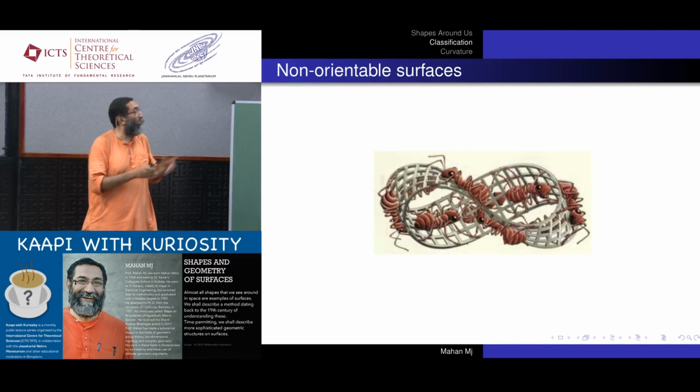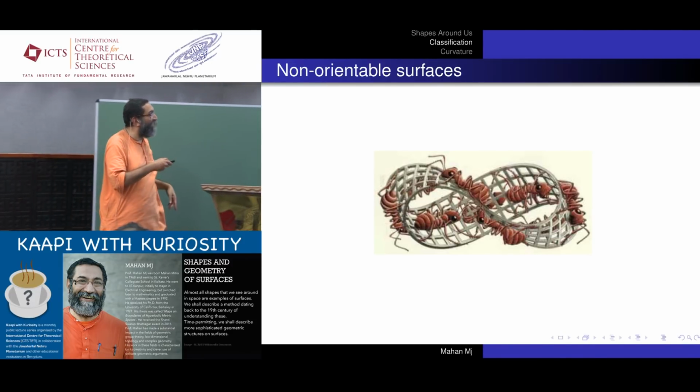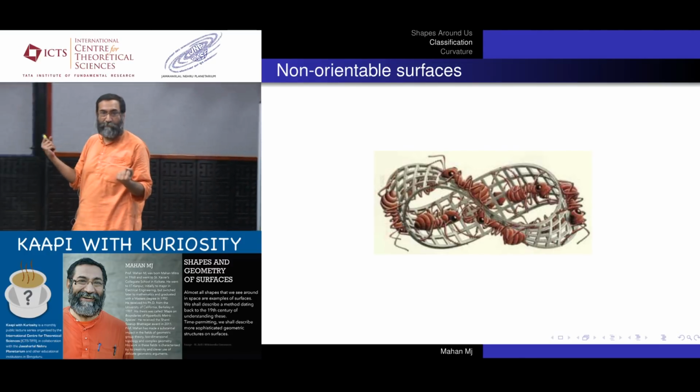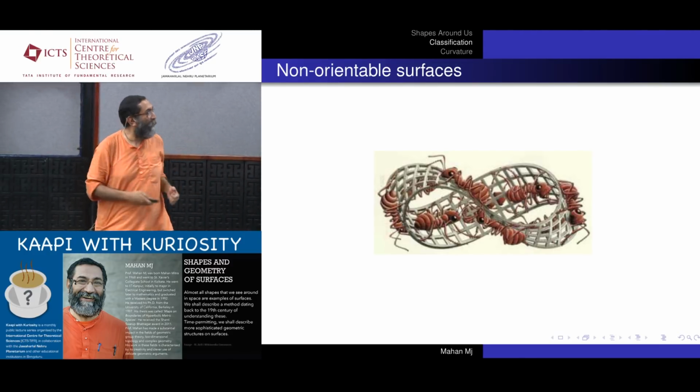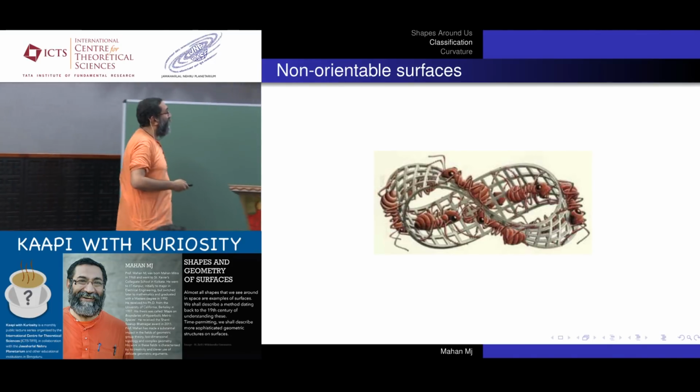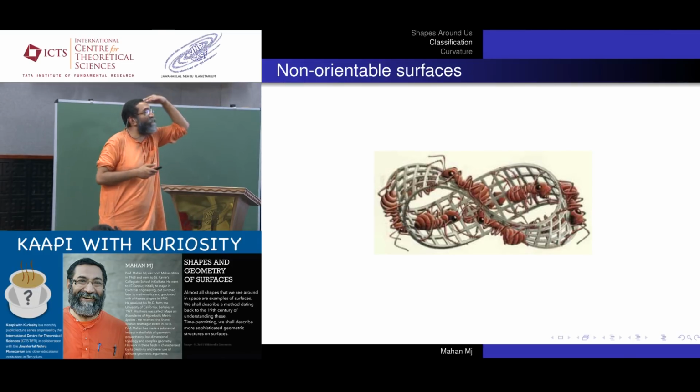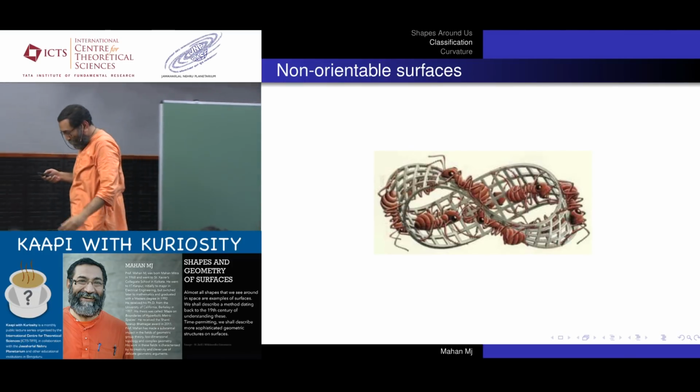Yeah? So for a gadget like the Mobius band, sides are not well defined. Okay? All right. So this is an example of something that is non-orientable.